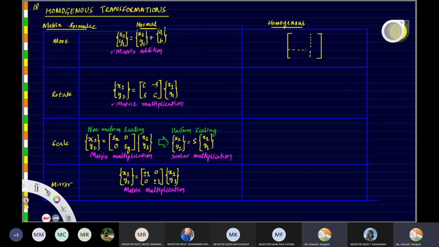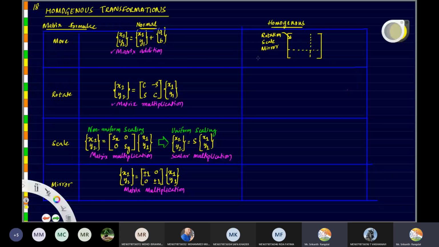Okay. And what happens here is here we get rotation, we get scale, we get mirror. So all these functions come here, and this is where we get the translate.